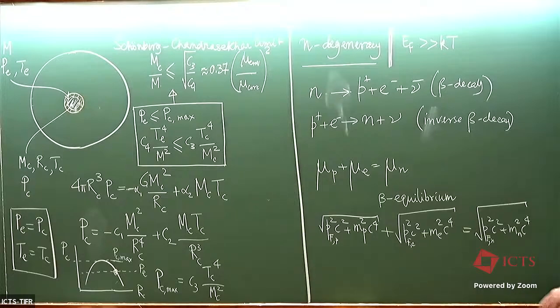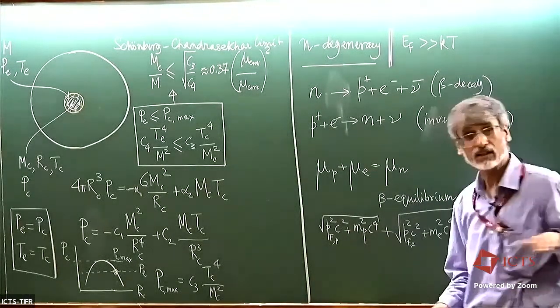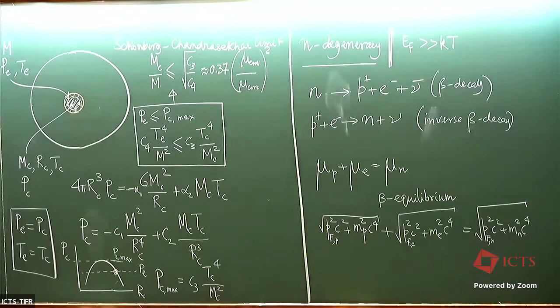So this therefore requires that the electron Fermi energy rises to a level which is comparable to the proton-electron mass difference. Remember, what we are talking about here is neutrons also in a situation where the Fermi energy of neutrons is not zero.